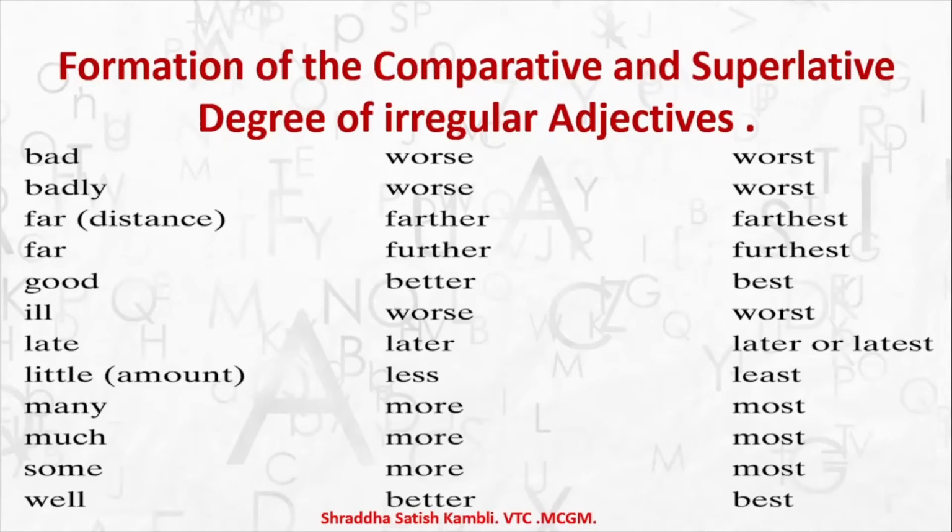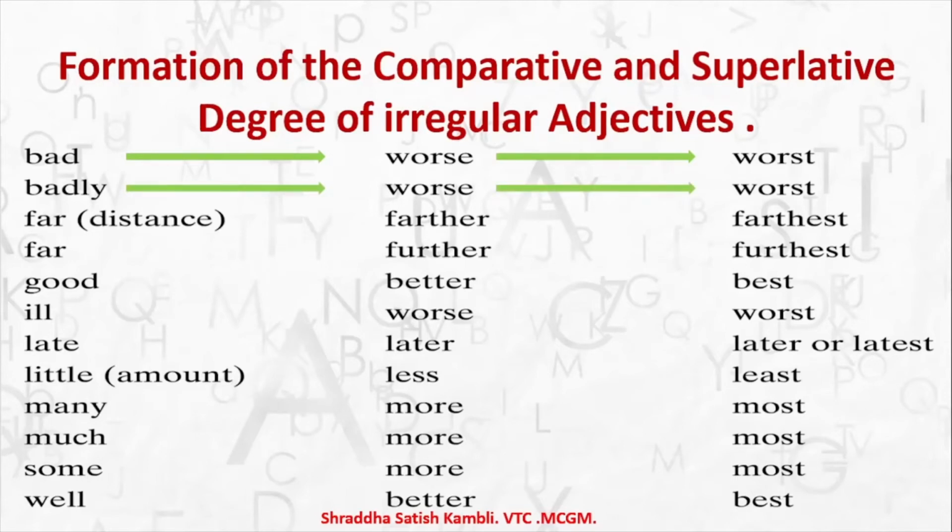So see, bad becomes worse and worst. Bad is such a different word, having different spellings, and worse is totally different from bad. But worse is the comparative degree for bad and worst is the superlative degree for bad. As far as distance is concerned, far becomes farther and farthest.